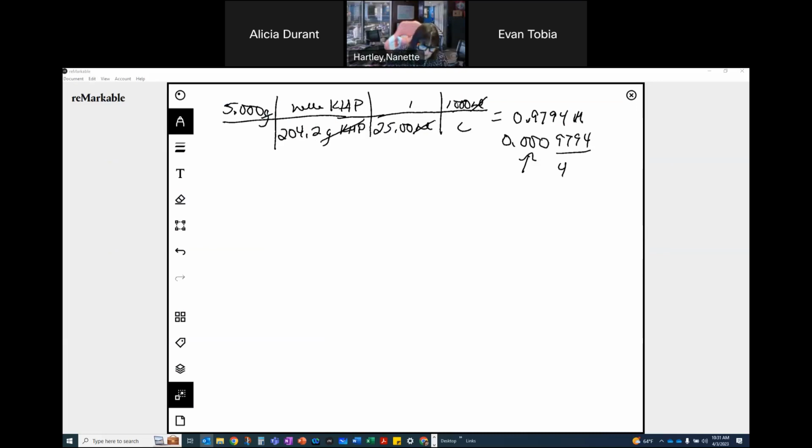And of course, this is 4 sig figs, this is 4 sig figs. This one we don't count because that's a conversion factor, so we don't care how many sig figs that is. This is considered infinite. So it's just the mass and the volume that we need to consider.